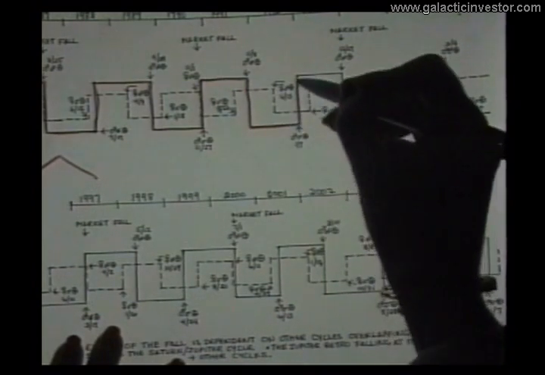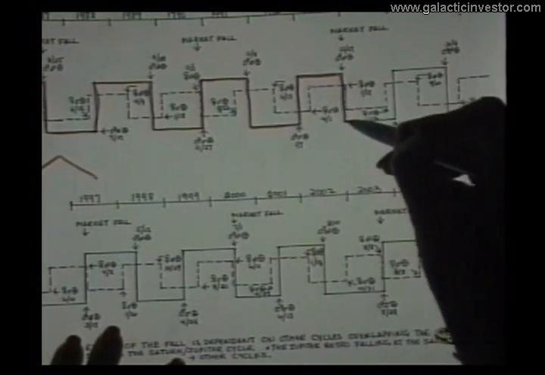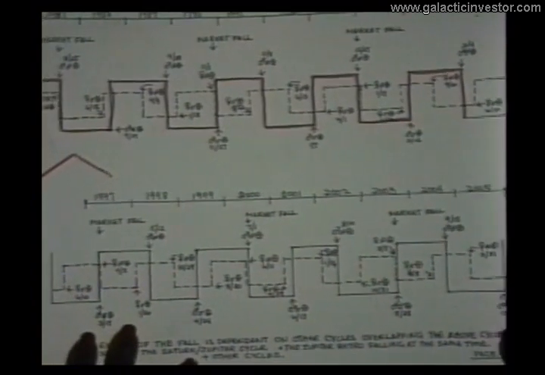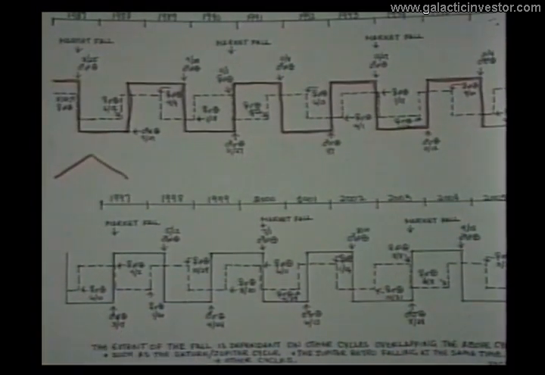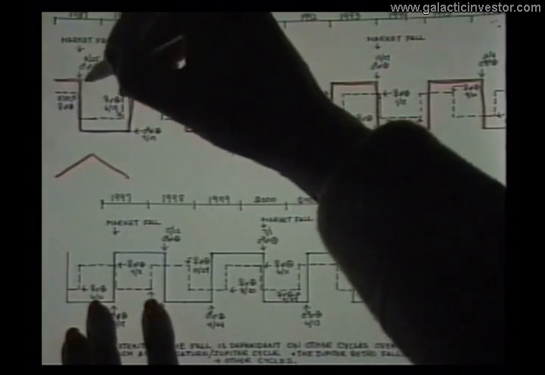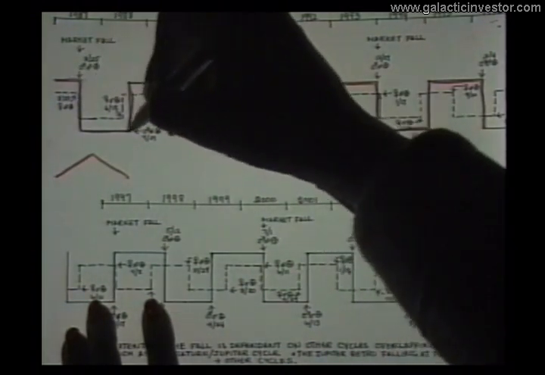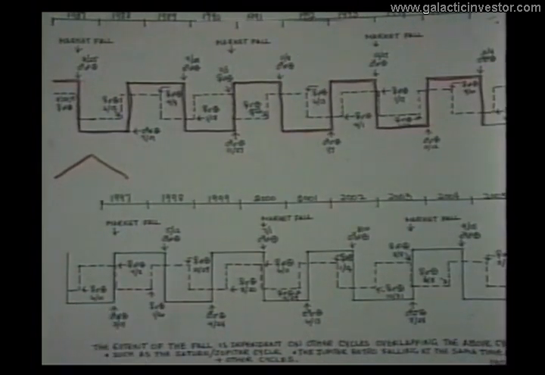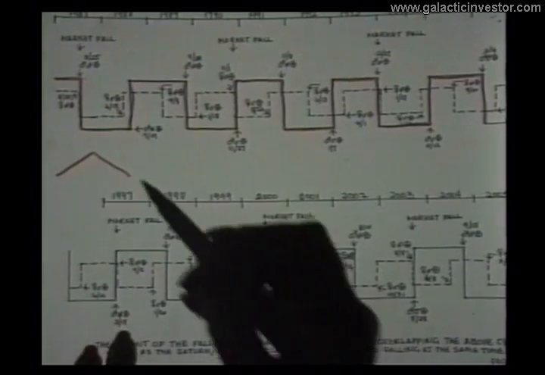Instead of doing it up and down, I've done it in a square pattern because I like it that way, but it's exactly the thing that you've been looking at on the highs and lows. In other words, I could join this across from here to here, and that would give me exactly the same pointy thing that you've been looking at. But I prefer it this way because it tells me something different.